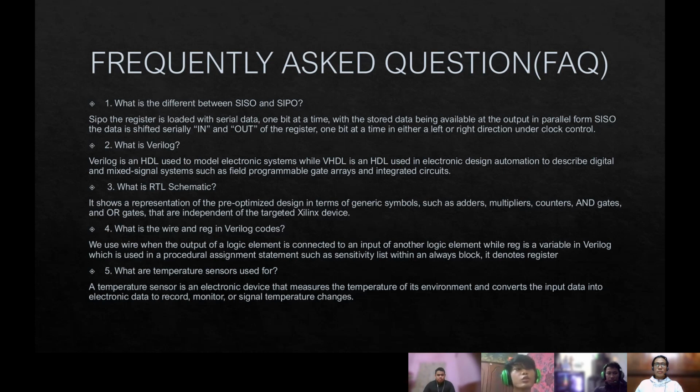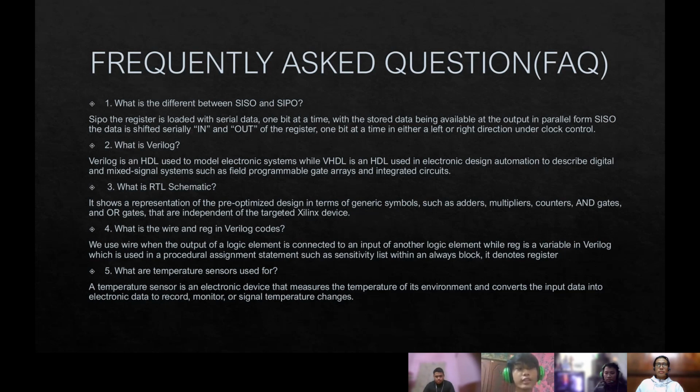The third question is, what is RTL schematic? RTL schematic shows a representation of the pre-optimized design in terms of generic symbols such as adders, multipliers, counters, AND gates, and OR gates that are independent of the targeted Xilinx device.